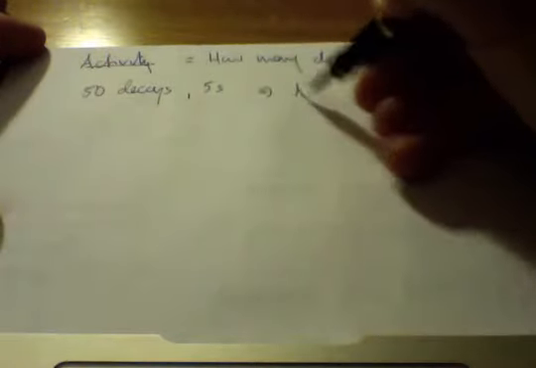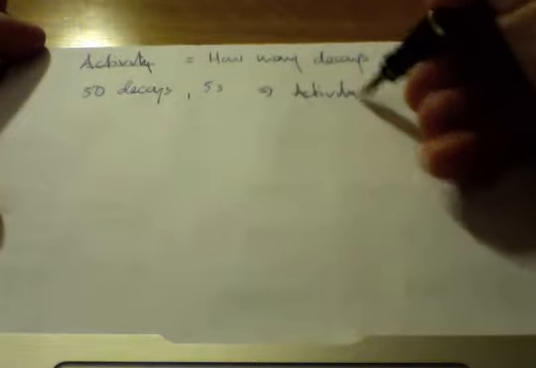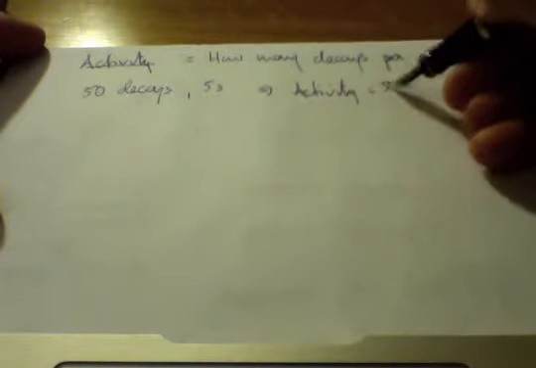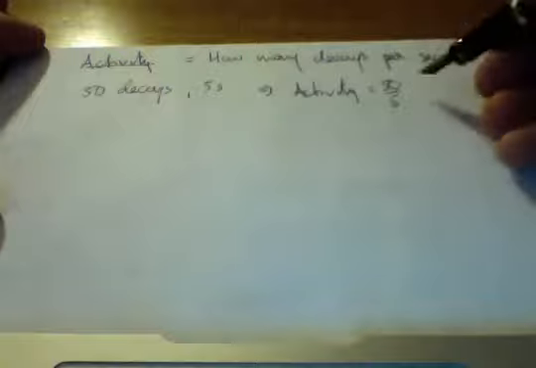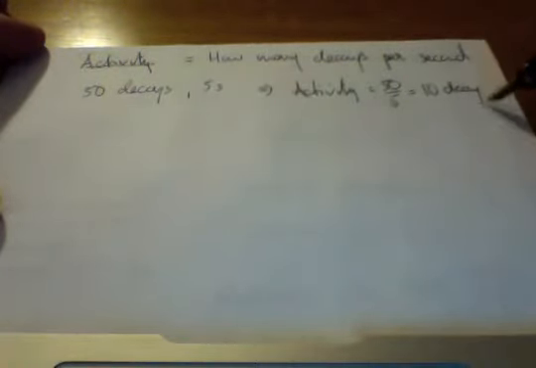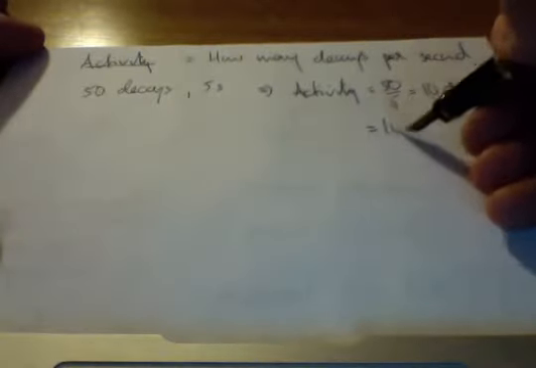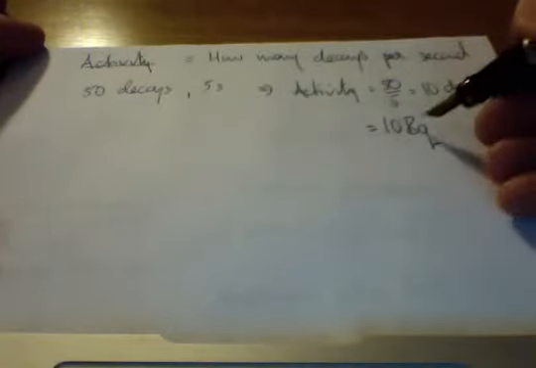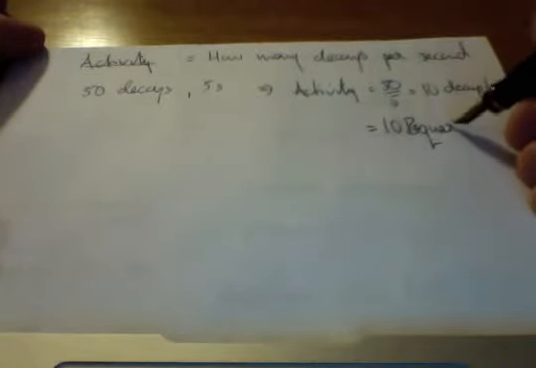Then my activity would be 50 over 5, 10 decays per second. What we do is we call that 10 becquerels. B-E-C-Q-U-E-R-E-L. Number of decays per second is given the term becquerels.